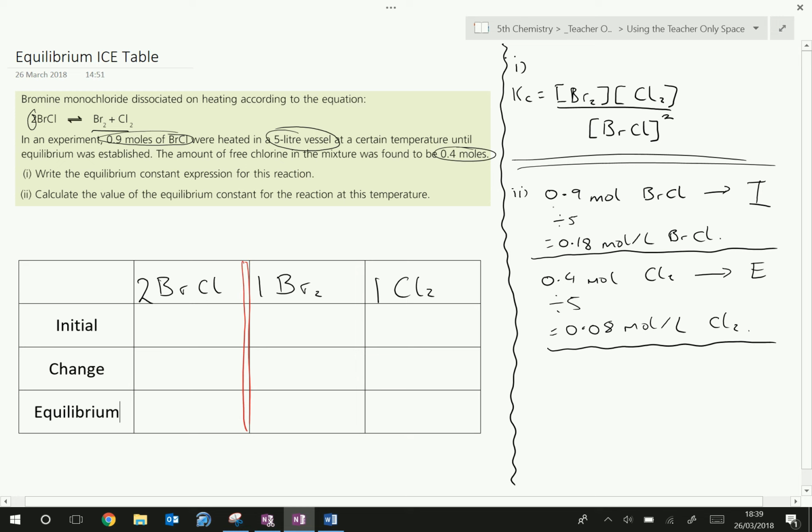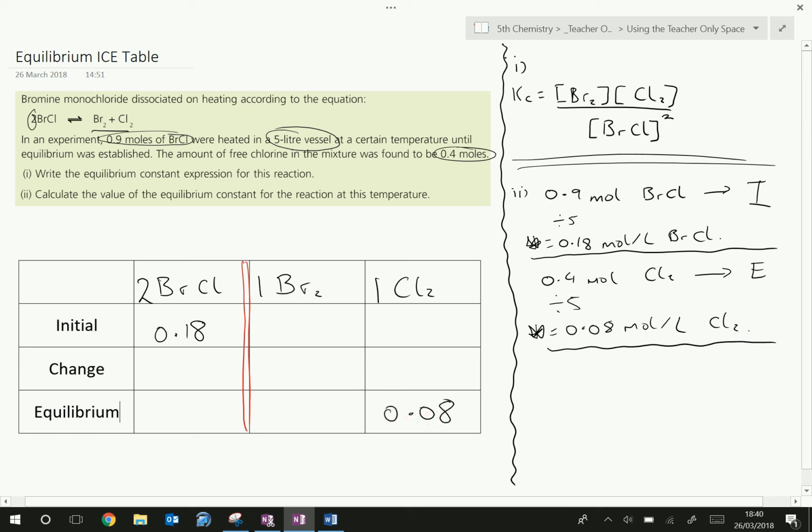My 0.9 moles of bromine monochloride is an initial value, so I'll put that in initial for BrCl, and that is 0.18 because it's the moles per litre value. Then I fill in my equilibrium value for chlorine, and that's this value here, 0.08.